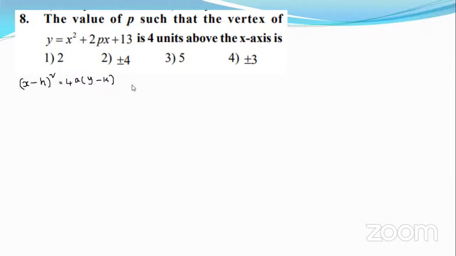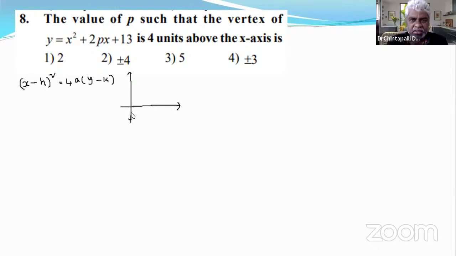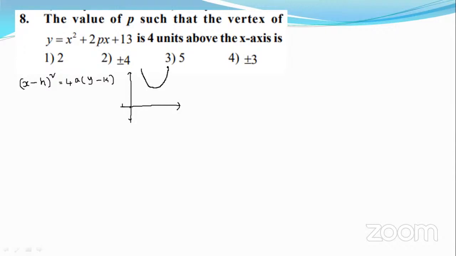In this case, the shape of the parabola may be like this, which means its vertex is not the origin. If x has the square, it is vertical. If y has the square, it is horizontal. Keep that point in mind. This is a parabola, right?